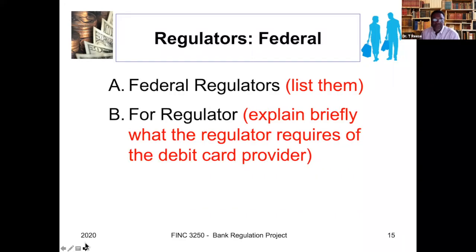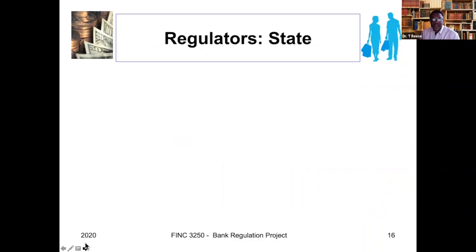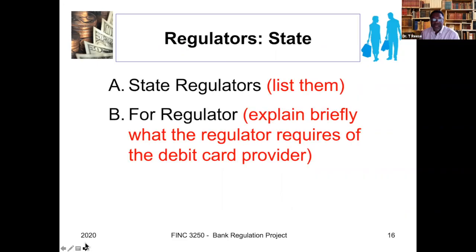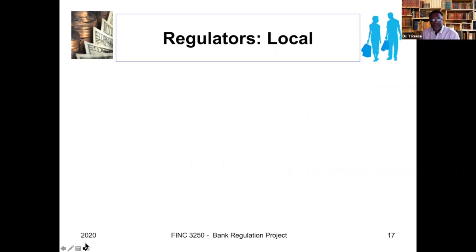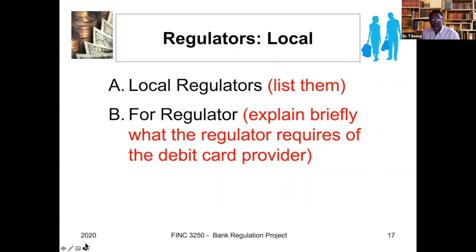Here's a page where you can identify and discuss more fully any federal regulators that are responsible for this activity. Here's a page where you can identify any state regulators, list them, and explain more fully how they oversee this activity. And then here is a page for local regulators, if there are any.